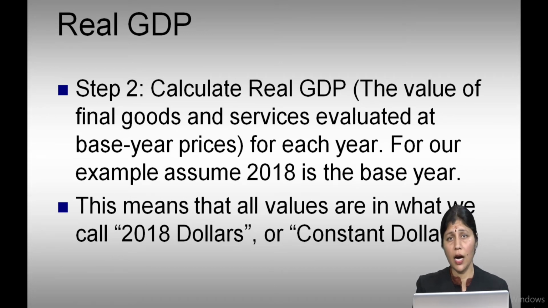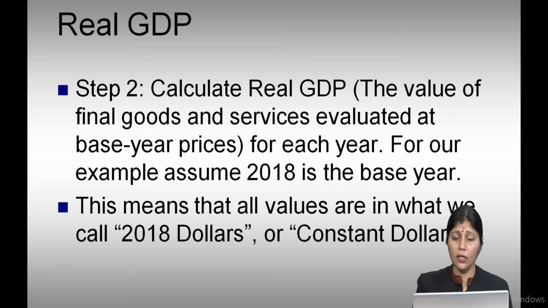The reason to calculate the real GDP is that we need to measure the growth and check inflation, that is, the changes in the prices of goods and services in the country. That is why we need to calculate the real GDP.